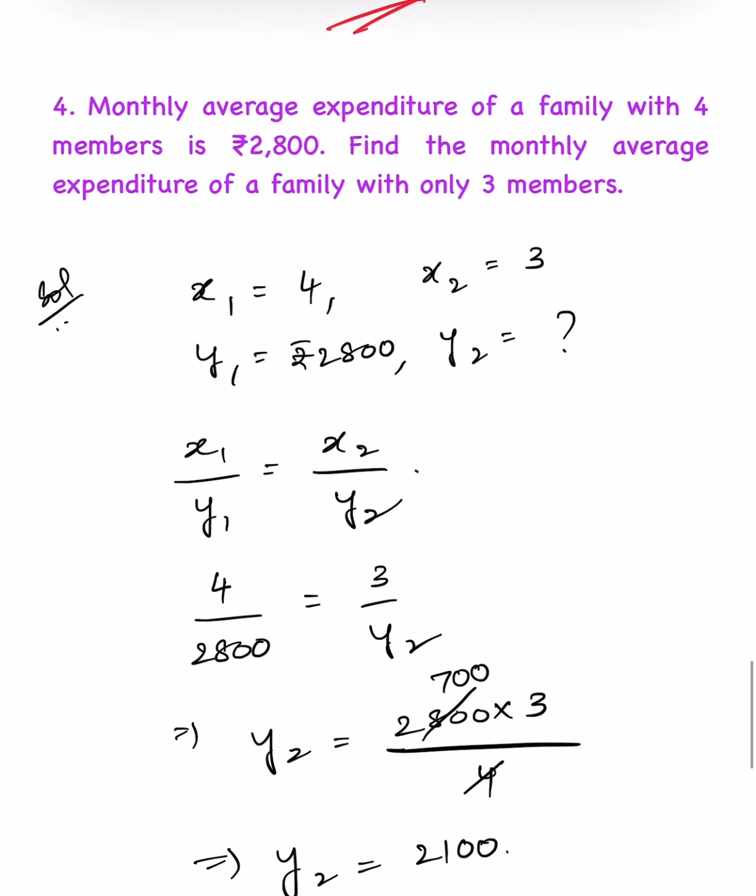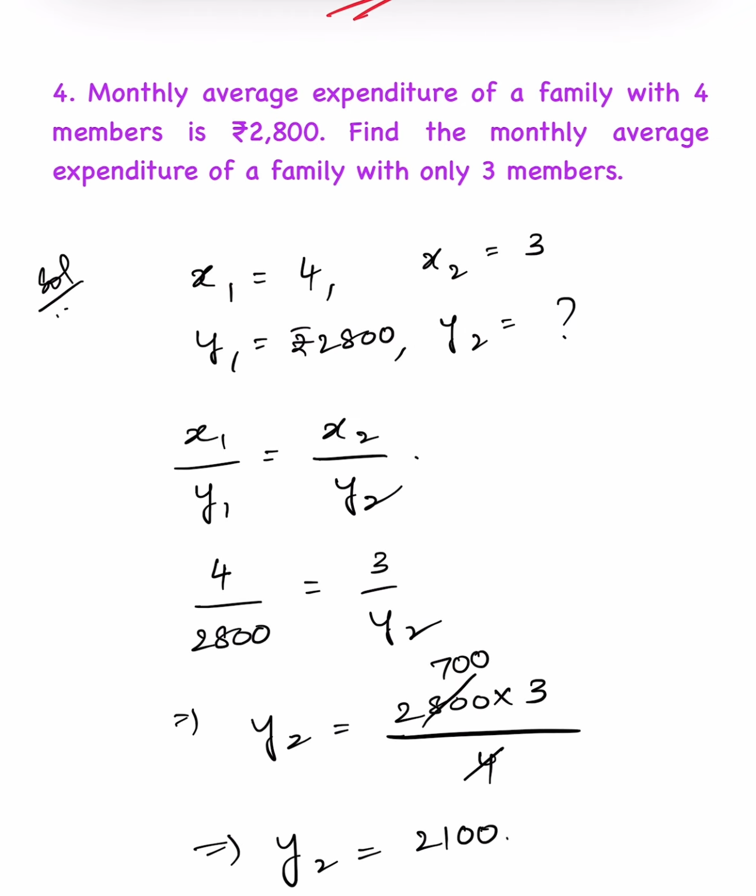The monthly average expenditure of a family with 4 members is 2,800. Find the monthly average expenditure of a family with only 3 members. Same direct proportion problem. If the number of members in the family increases, the expenditure per month also increases.